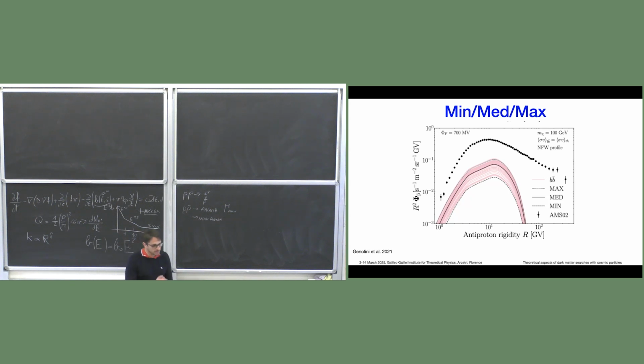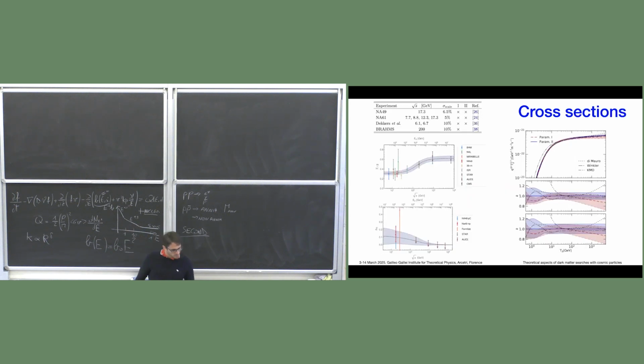Okay, so let's recap. What's the main astrophysical production of antiprotons? It's the same as for positrons, right? So the main production is expected to be the secondary one. So exactly as for positrons, we have to estimate the invariant cross-section, okay? For the invariant cross-section of antiprotons, we also have a very rich data set.